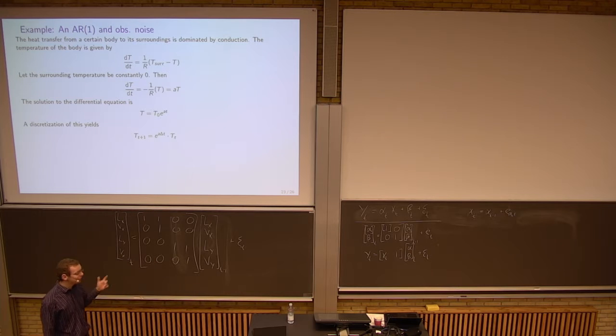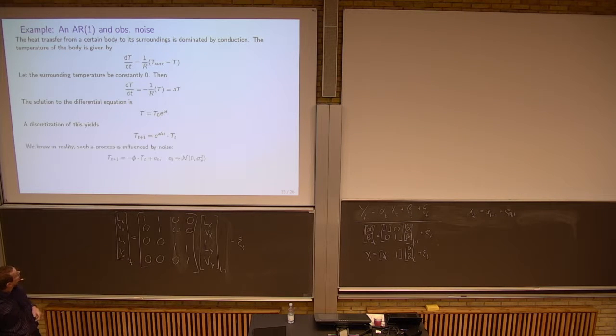It can work both univariate and multivariate, but that's what we have. So if you then have some noise to it, then we have a system equation here, and then we can observe it indirectly with some noise.